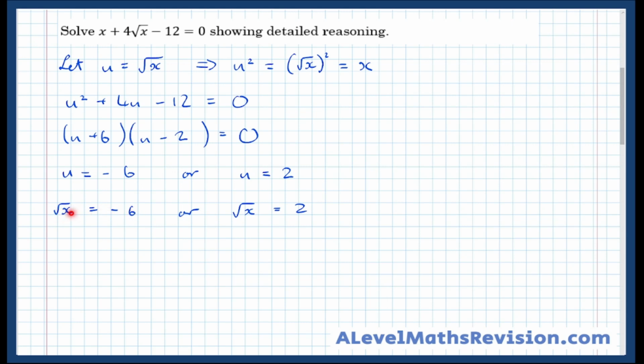This one here, root x equaling minus 6, needs to be discarded because the root of a number can't be negative. Now that might be difficult to swallow because if you've seen an equation like x squared equals 9, well that means that x equals plus or minus root 9, which is plus or minus 3. But that's something different.